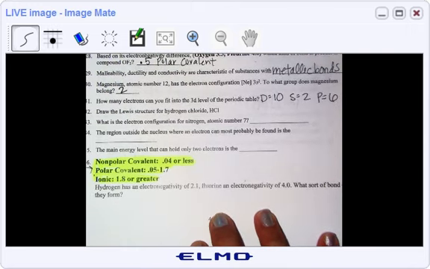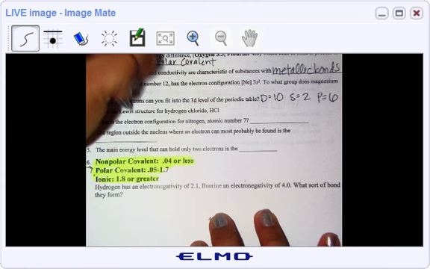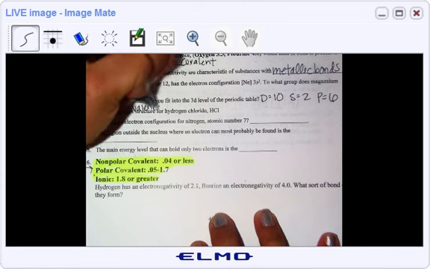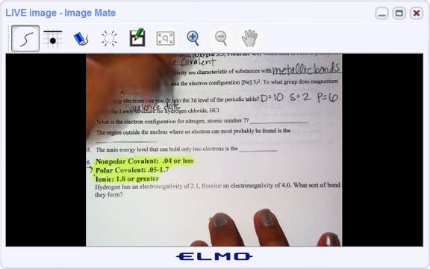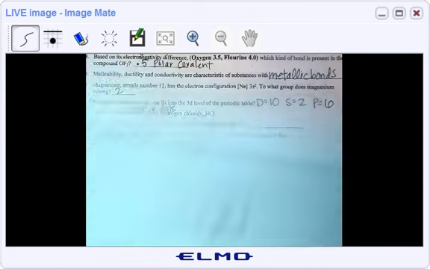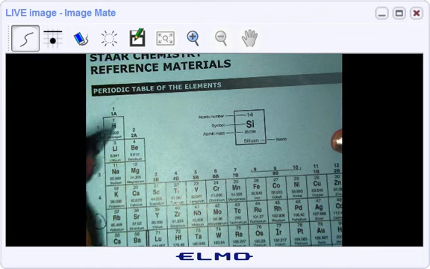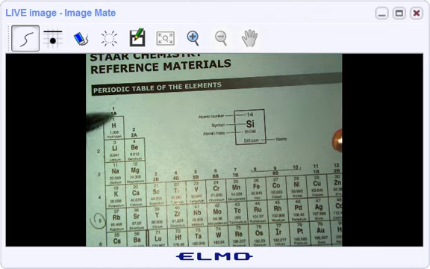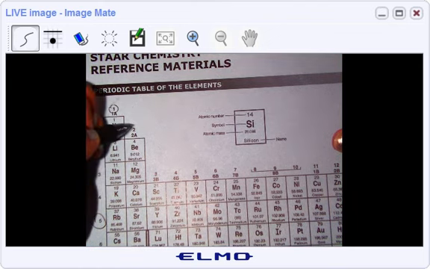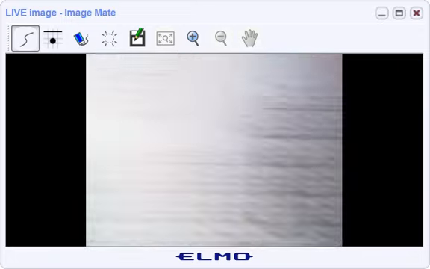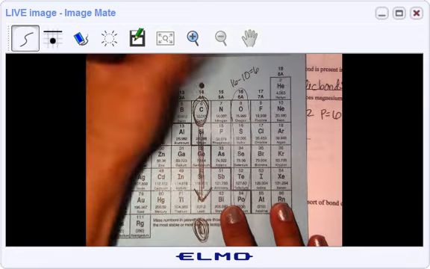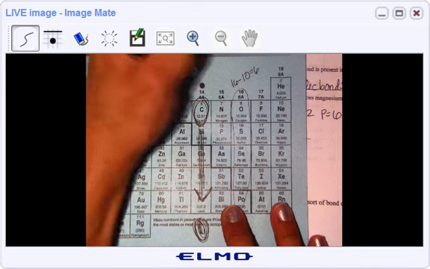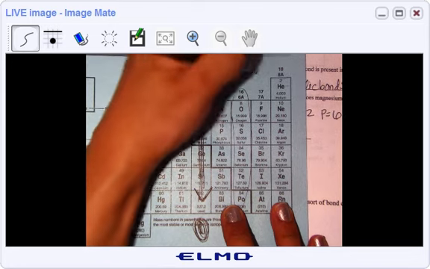Number 32, draw the Lewis structure for hydrogen chloride. The Lewis dot structure, it's the same thing as valence. Well, it's not the same thing, but it's just a clue. Valence dots. To find the valence, just a reminder, this whole column, the valence electrons are 1. This has 2 valence over here, 3 valence, 4, 5, 6, 7.